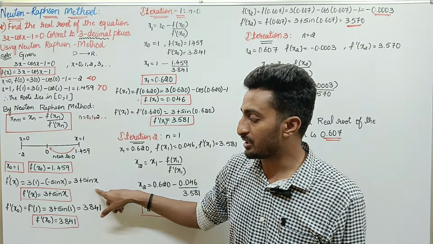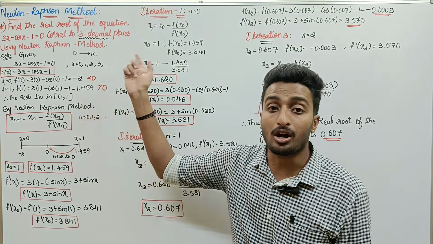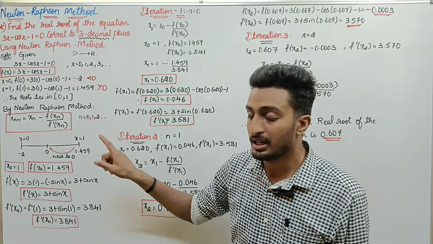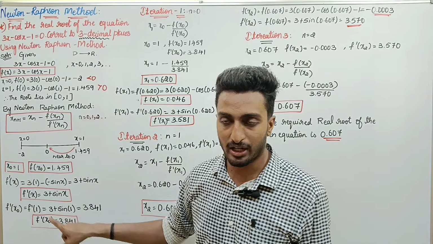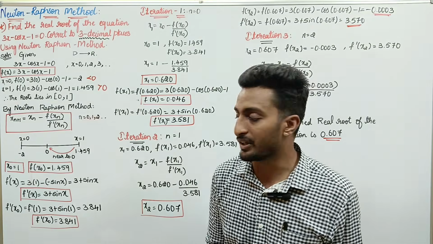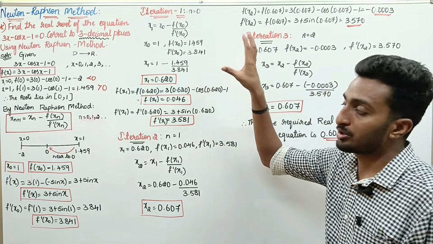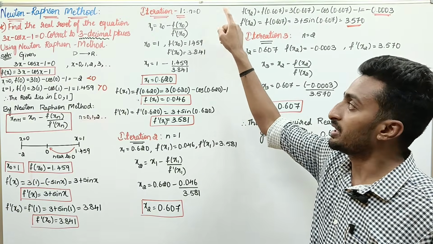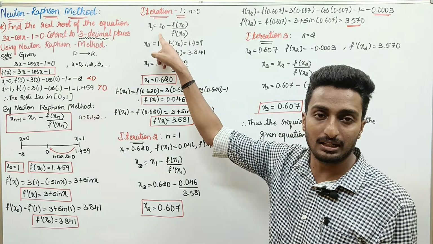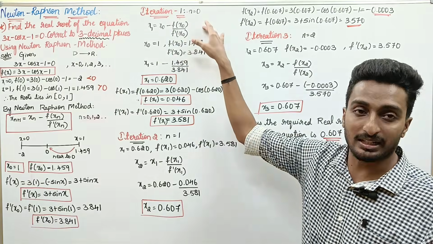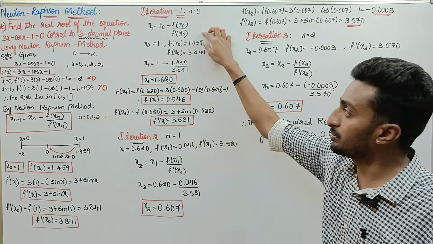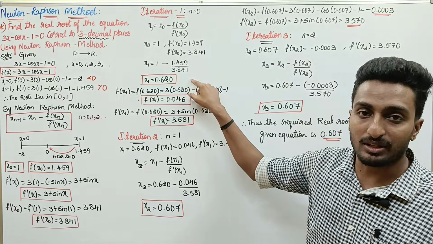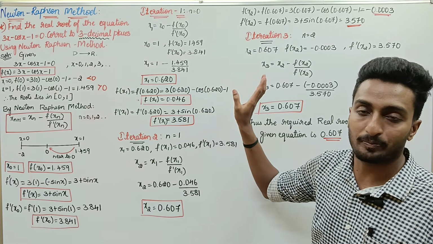Then substitute the initial value x naught to get f dash of x naught. After substitution, go with the first iteration, where n is equal to 0. If n is equal to 0, you get x1. Substituting the values in the formula, you get x1 as 0.620.